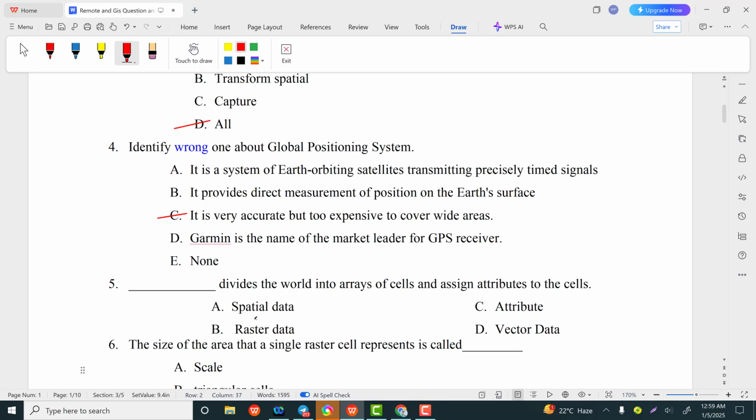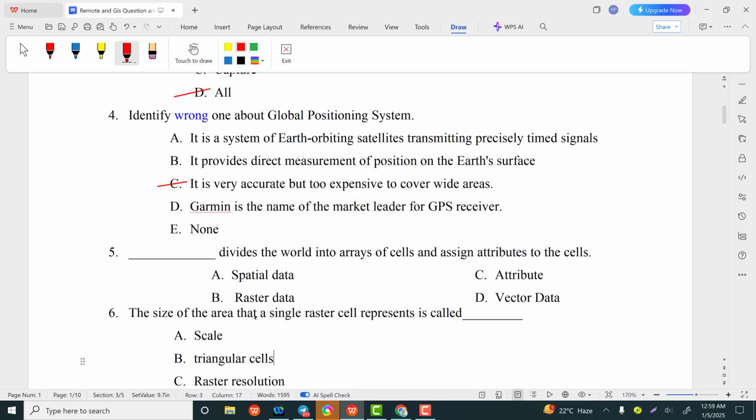Question number 5. Which divides the world into an array of cells and assigns attributes to the cells? A. Spatial data. B. Raster data. C. Attribute data. D. Vector data. If a certain feature is divided in terms of cells or pixels, we call it raster data.